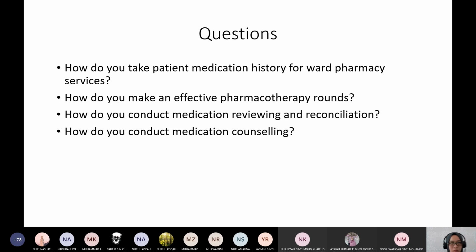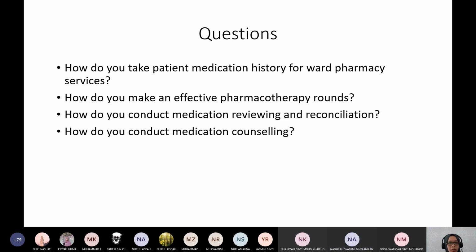What about the medication counselling? Who can do medication counselling generally to the patients in the ward? Which pharmacist can do it? Inpatient pharmacists, okay.